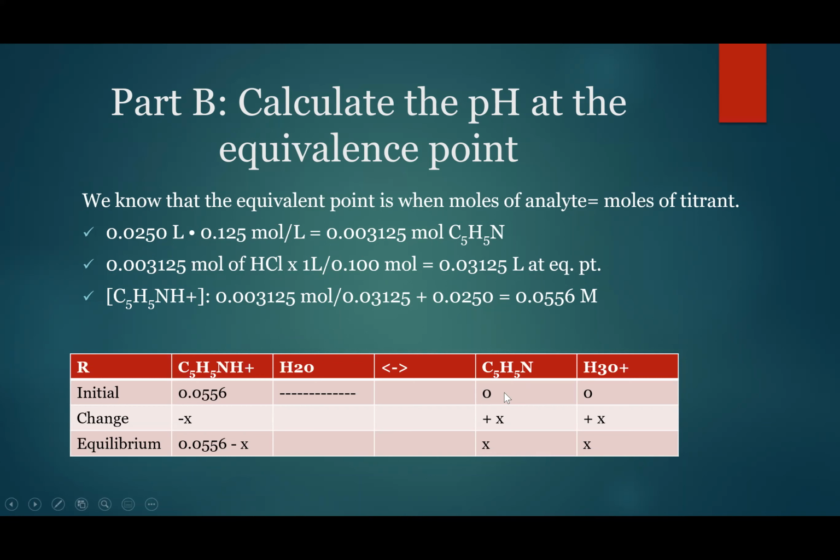And we have 0 C5H5N and we have 0 H3O plus. The change is minus X for the conjugate acid, plus X for what are now our products. And the equilibrium will be 0.0556 minus X. And for pyridine and our acid, it would just be X.